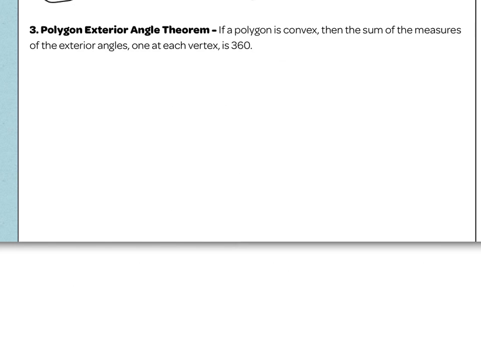So now let's look at the polygon exterior angle theorem. If a polygon is convex, then the sum of the measures of the exterior angles, one at each vertex, is 360 degrees. The sum.